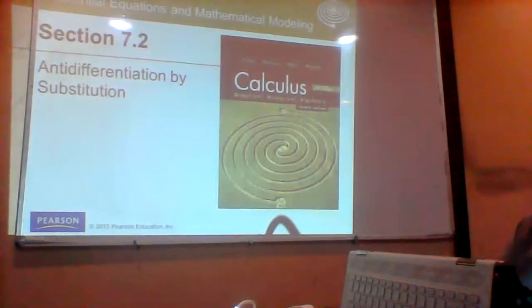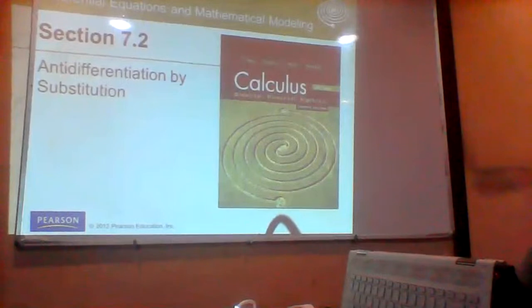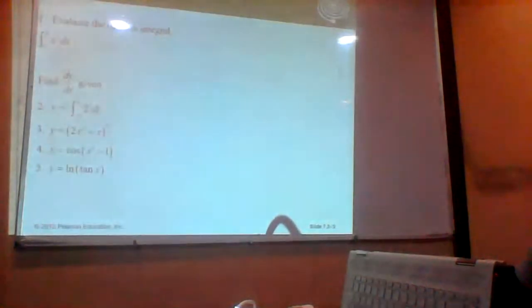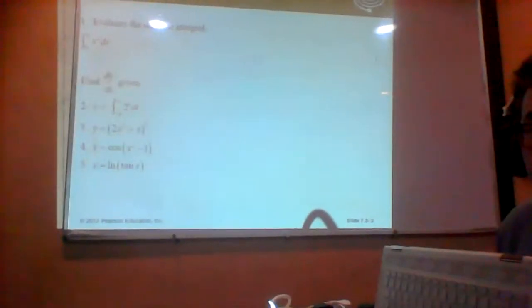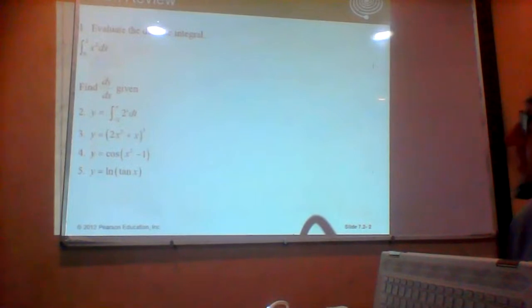Now our today's lesson is about anti-differentiation by substitution. First, some revision of previous problems about integration. How to integrate x squared? I think x squared is x to the power 3 over 3, and substitute from 0 to 2.